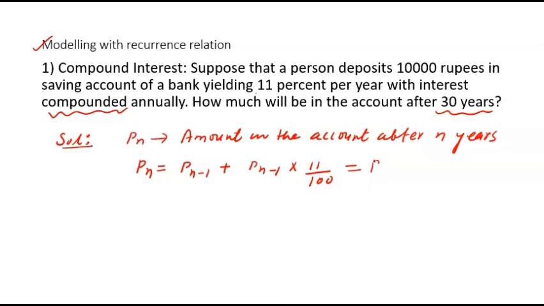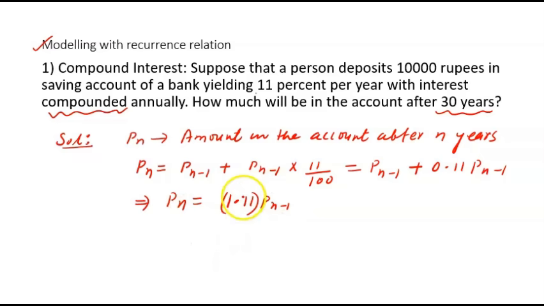So this will look like Pn minus 1 plus 0.11 Pn minus 1. So we are getting a relation that is Pn is equal to 1.11 times Pn minus 1. Okay, let me put it inside the bracket so that it looks better.